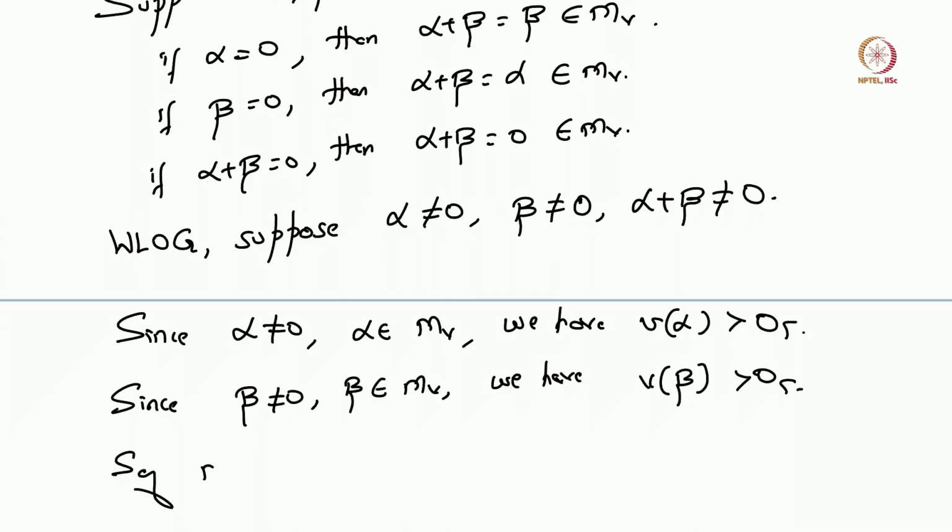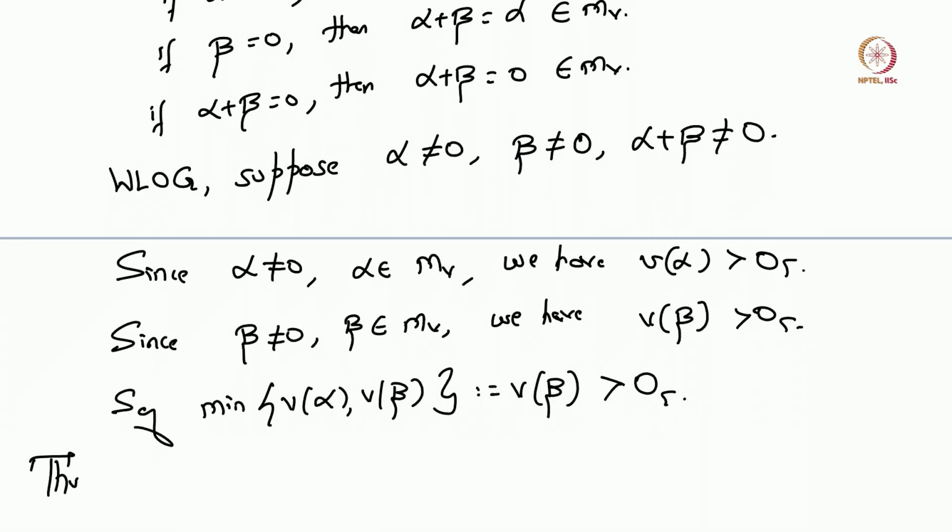And so the minimum of the valuation of alpha and beta must be one of the valuation of alpha and beta, and just say for simplicity that it is the valuation of beta, and what we have is that the minimum is strictly larger than 0.